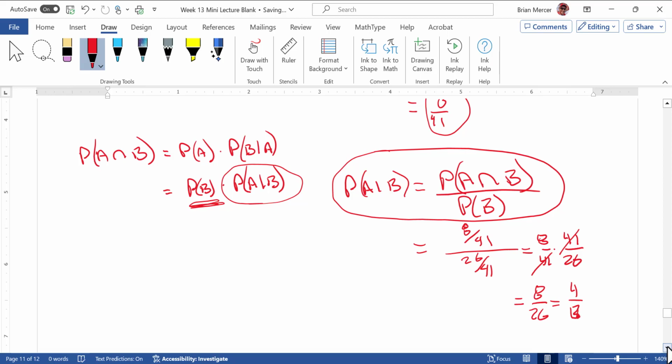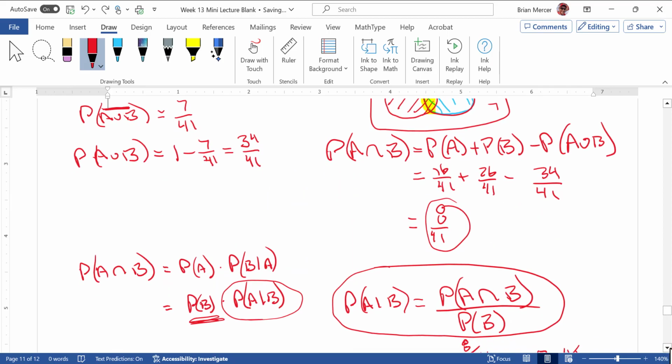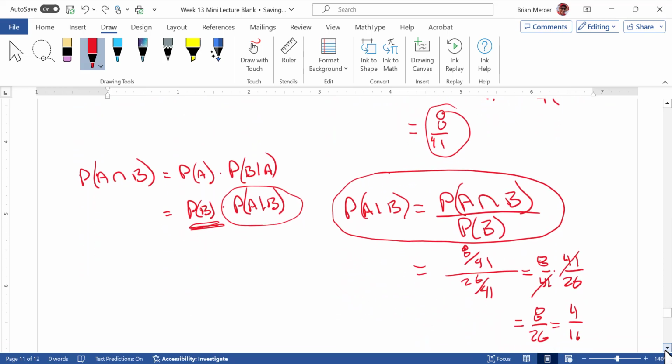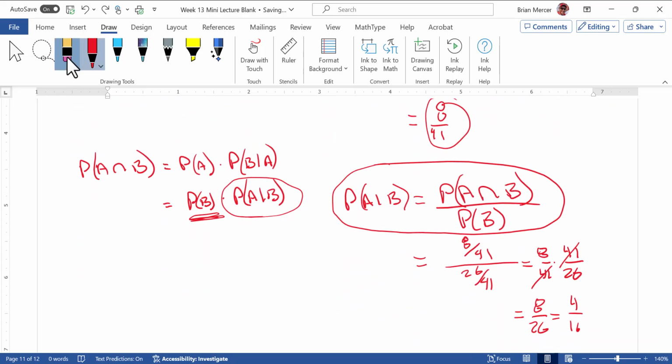That's supposed to be a 3. I'll fix that. So 4 out of 13 is your final cleaned up answer for the probability of A given B.